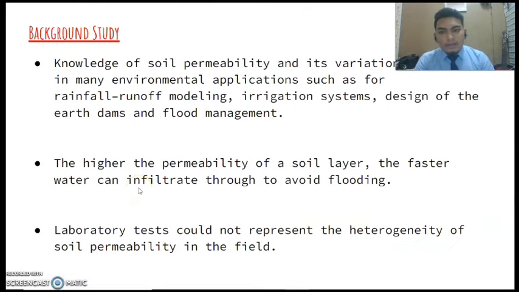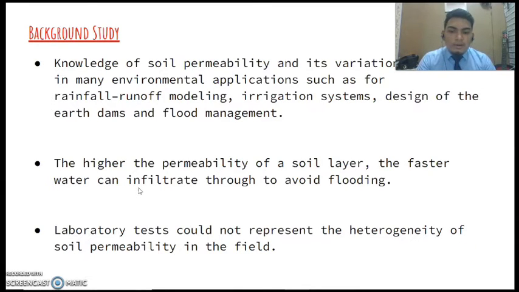So next is background study. Knowledge of soil permeability and its variation is needed in many environmental applications such as for rainfall runoff, modeling, irrigation system, design of the earth dams, and flood management. The higher the permeability of a soil layer, the faster water can infiltrate through to avoid flooding.